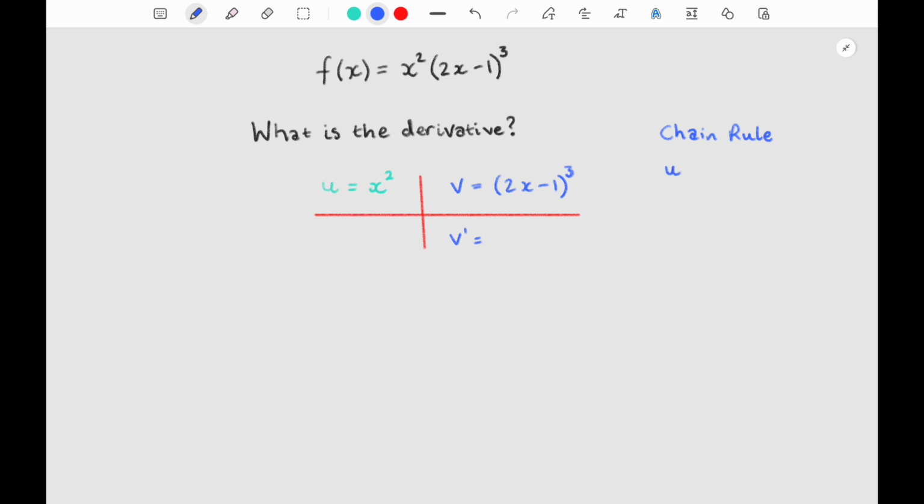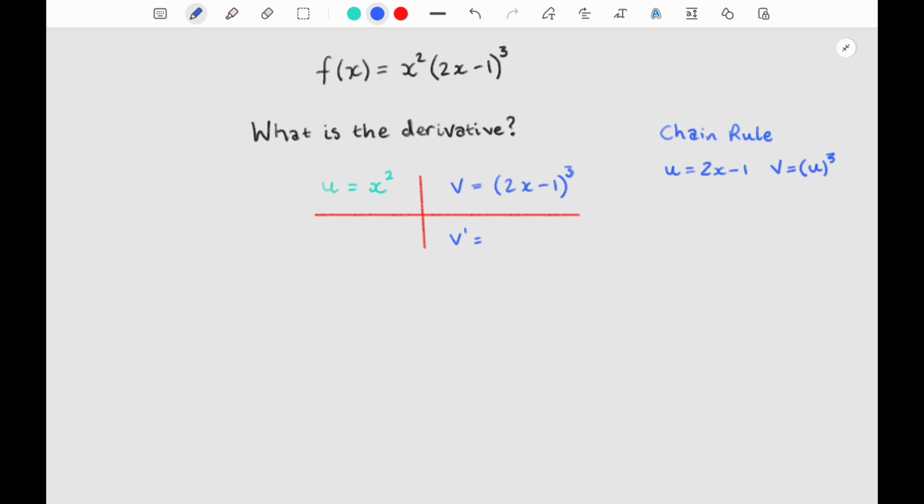We define the function inside as u, and I know it's already used, it's a bit naughty, but we'll use it because most people tend to use it with the chain rule and it makes them feel familiar. So u is, as we said, 2x minus 1, and we still have the overall function v, but this time we don't have 2x minus 1, we've defined that as u, so we're going to write it as u cubed.